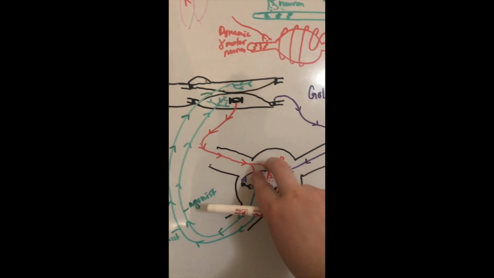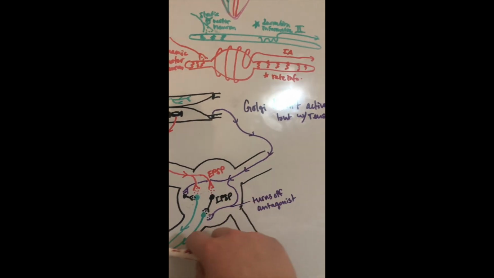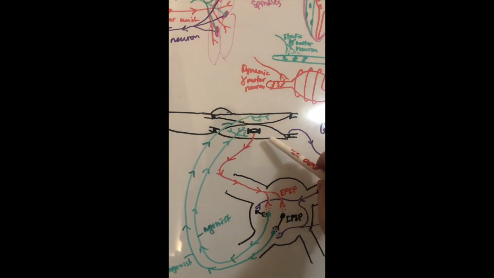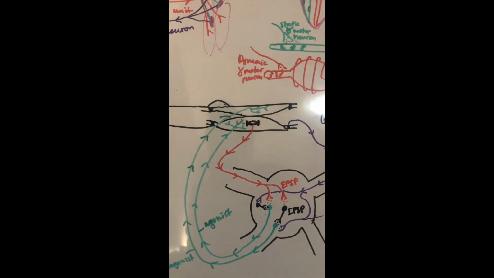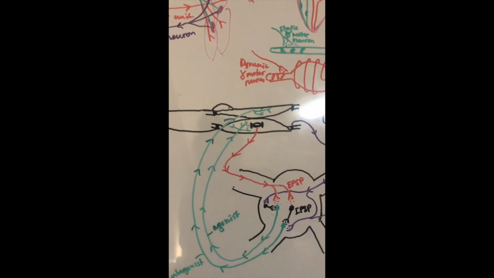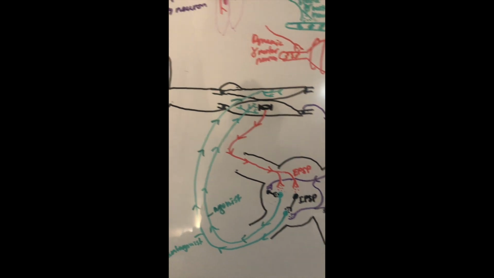It affects two different things. Our first route is going to be our antagonist muscle, gamma motor unit. So this comes and tells the antagonist muscle to contract.